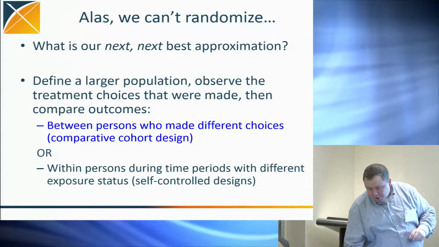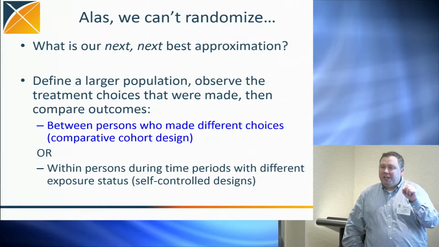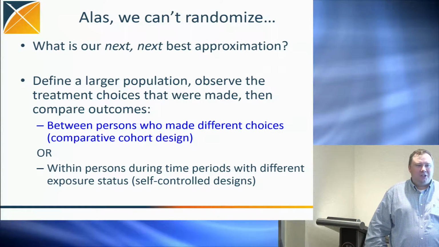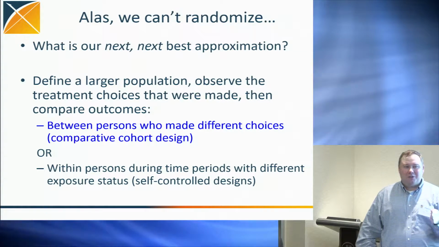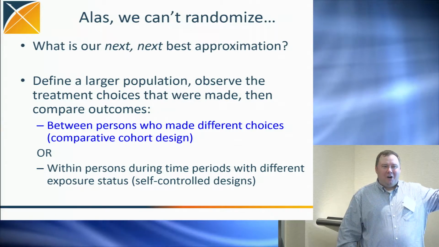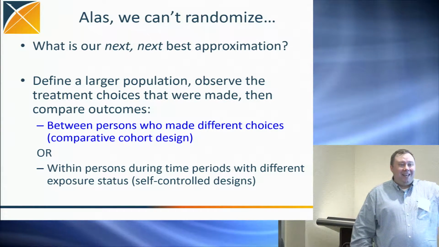The one thing that I want to reinforce here, though, is that sometimes you'll hear or see in the literature people say, our goal for an observational study is to approximate a randomized clinical trial. That's not correct. Our goal is to approximate causal inference. It's to approximate the DeLorean. It's just that we can't do that.